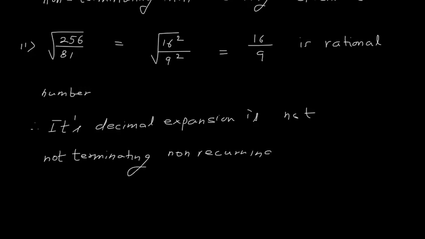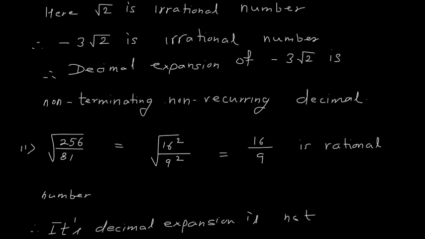So all the numbers which are irrational, their decimal expansion is non-terminating, non-recurring.